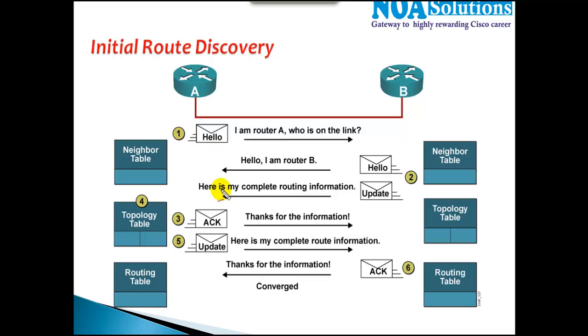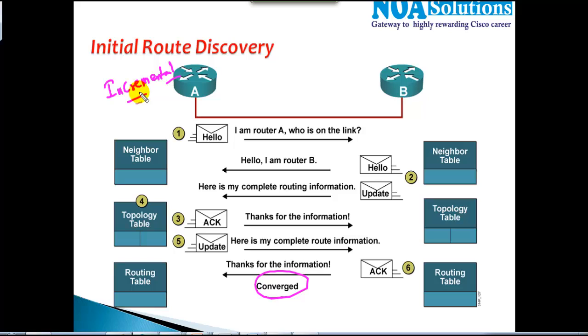Initially, as I just said, they are exchanging the routing information, and they will not send the next update unless there is a change, which means, if you remember, we discussed it works based on incremental updates. Whenever there is a change, only then will the next update be sent. But still, router A will be sending a hello message every 5 seconds, and the dead time is 15 seconds.